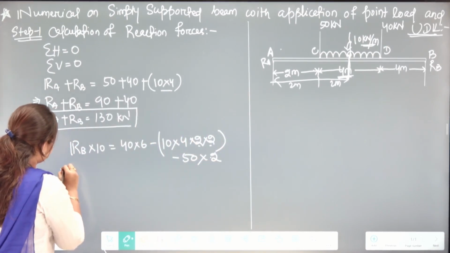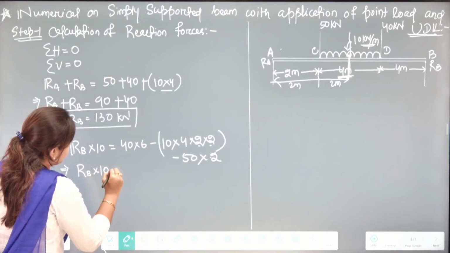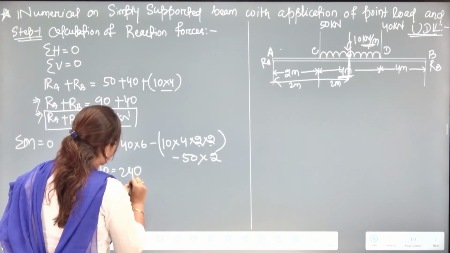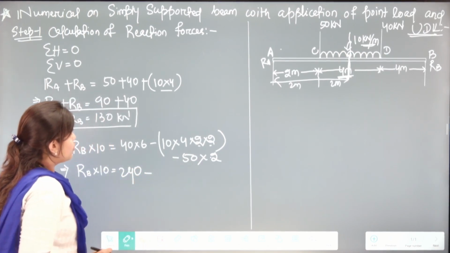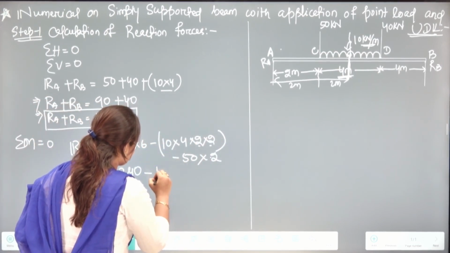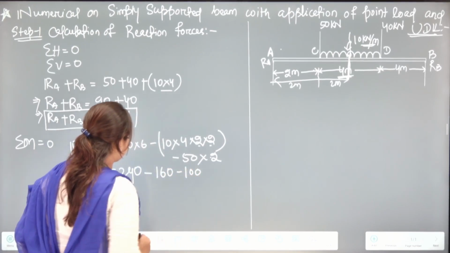So now RB into 10 is equal to 240 minus 4 into 2 into 2, 16 into 10, that is 160, minus 100.